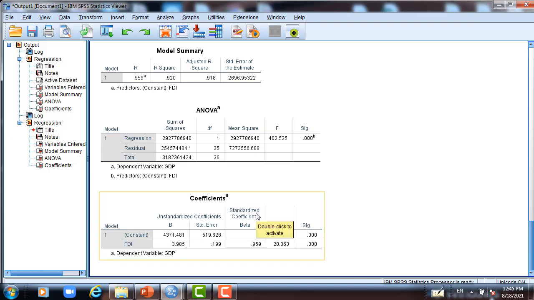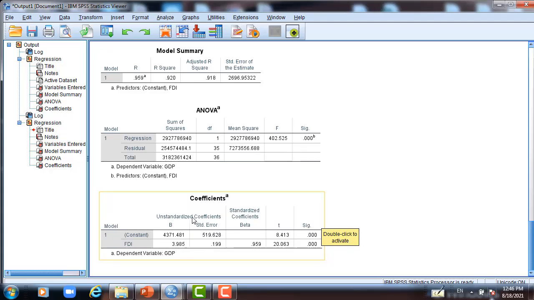This provides us with the information necessary to predict GDP, the dependent variable, as you can see here below the table. From foreign direct investment, the independent variable, we can see that both the constant and foreign direct investment contribute significantly to the model by looking at the sig value here, or p-value column.